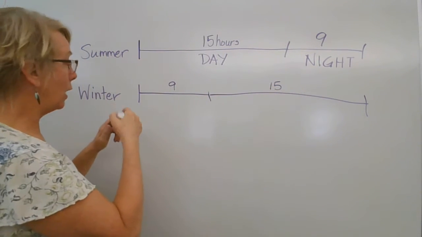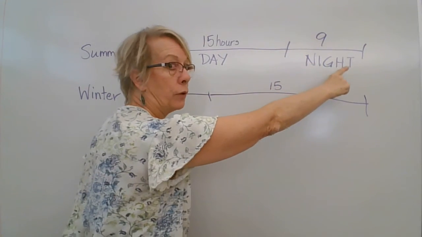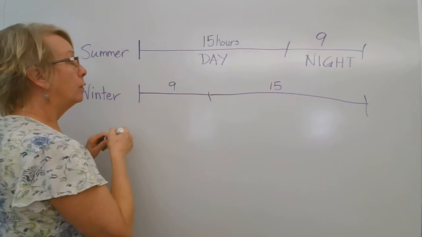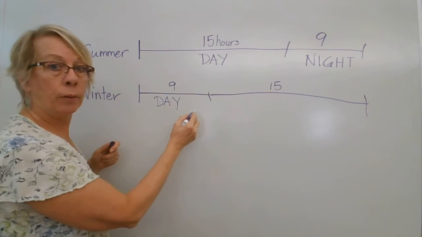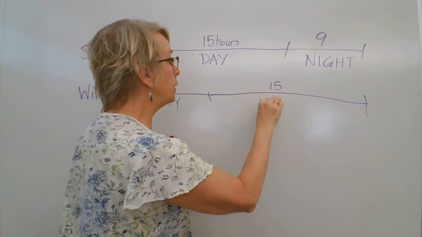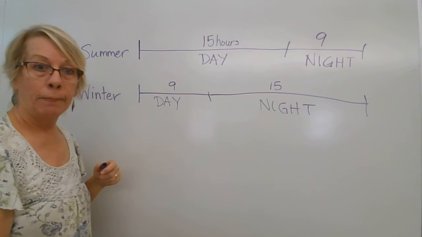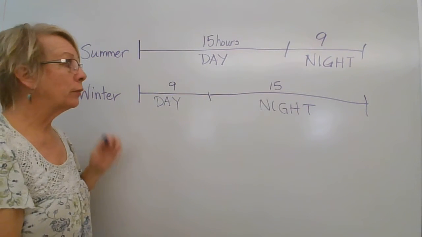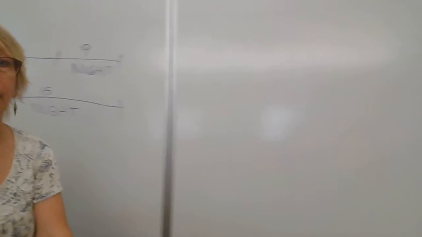So it gets hot in the summer because we have lots of daytime and not a long time to cool off at night. In the winter, this is day, we don't have very long to warm up, and then at night we lose heat out into space. And so it keeps cool. That's one reason. The other reason is the angle of the light, like I was just saying.